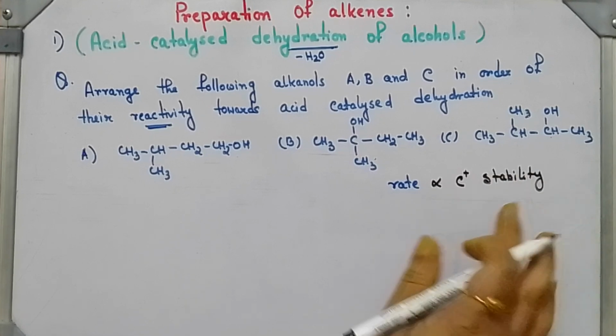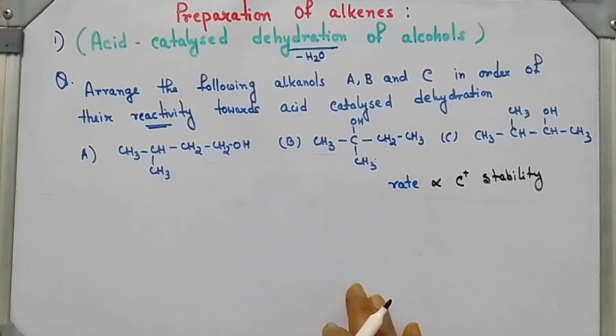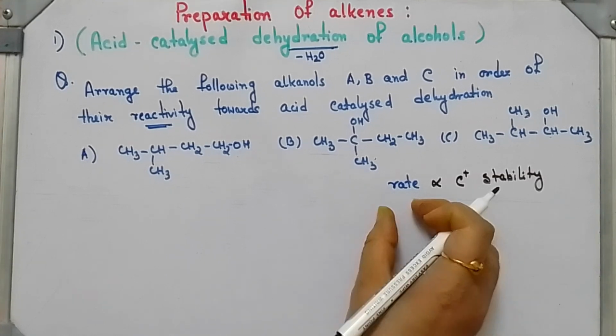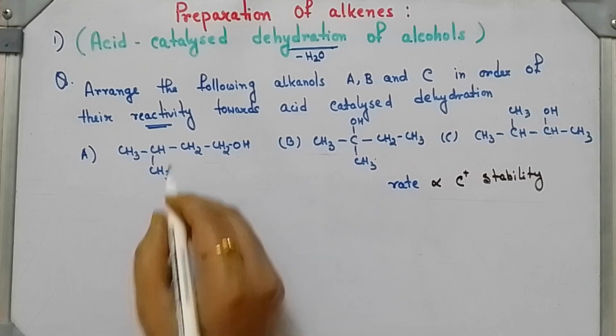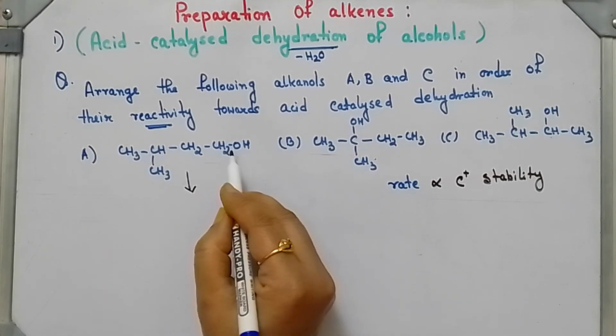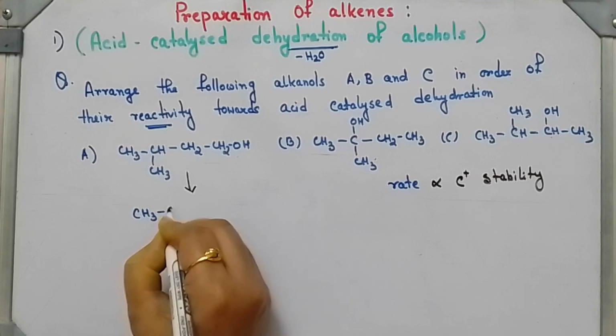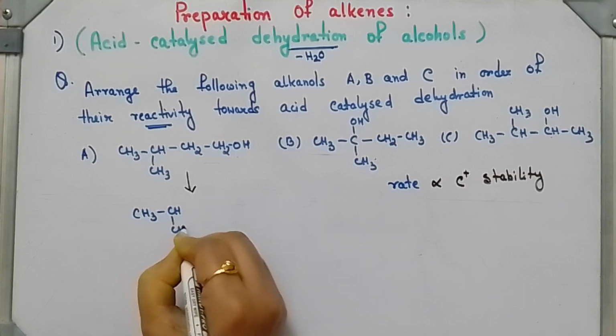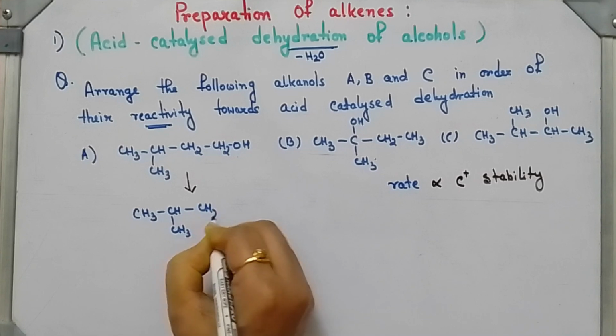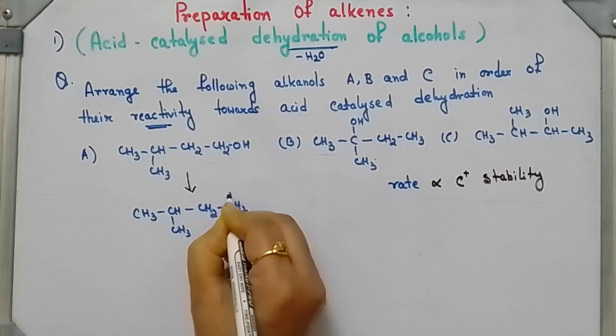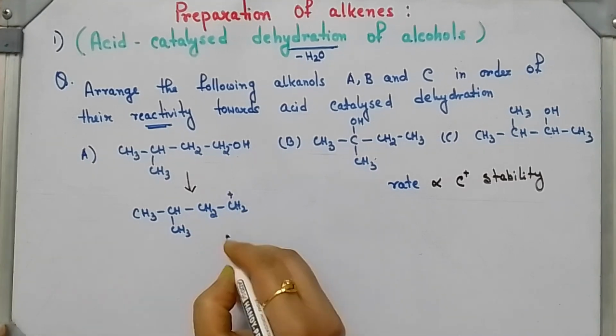That means if the carbocation is more stable after removal of H2O plus, the rate will be much faster. So from here, after protonation and removal of water, what carbocation will we get? This carbocation, which is 1 degree.